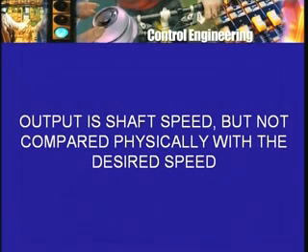That is, we did not want to compare the shaft speed of the motor under actual operation with some other shaft running at that constant speed of 1500 rpm, because it's inconvenient. I need a synchronous motor, the supply voltage will have to be at 50 hertz frequency, and then what do I do? I have two shafts running at two different speeds. How do I even find out whether they are running at the same speed or not, and then take some action based on that? So this is thoroughly impractical.